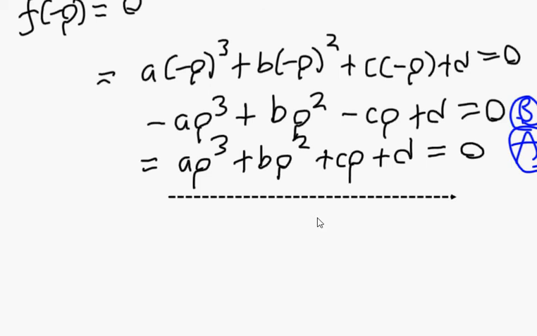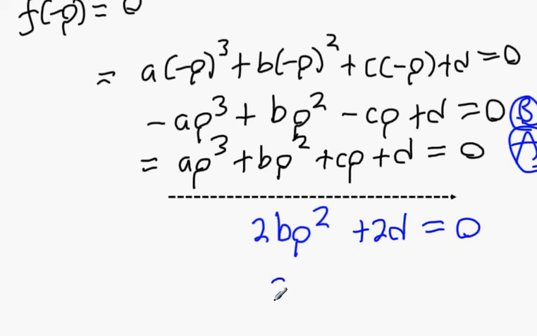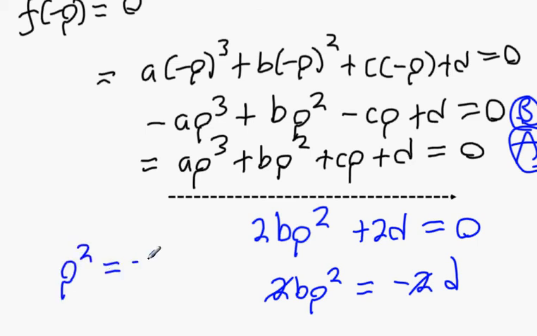Look what happens when we add them downwards. We're going to get 2bp squared. The cp's cancel, don't they? And the ap's cancel, don't they? They both cancel. Plus 2d equals 0. We get 2bp squared equals minus 2d. The 2's will cancel, and we get p squared equals minus d over b.